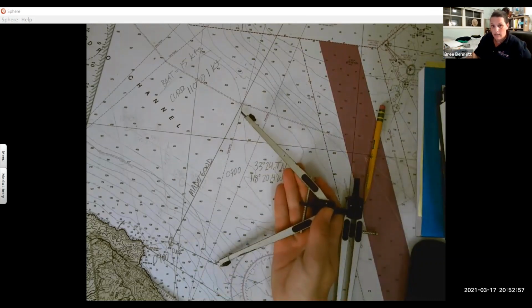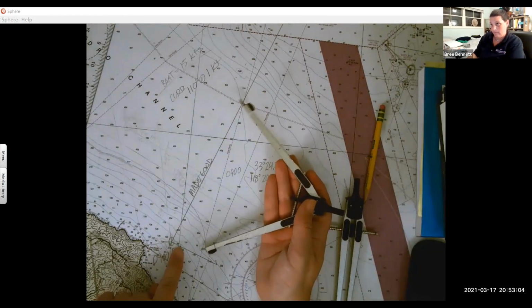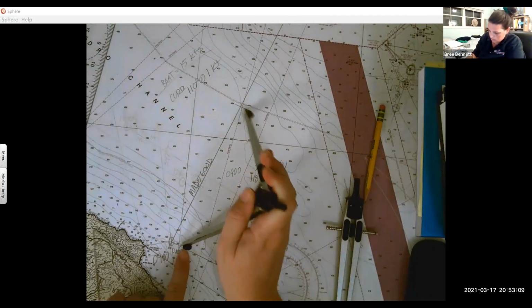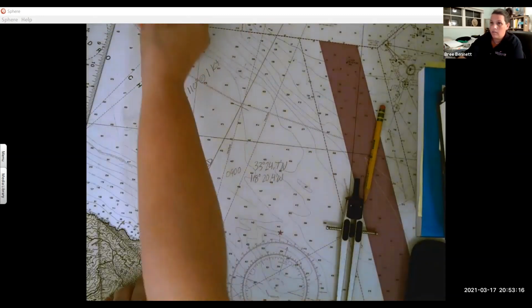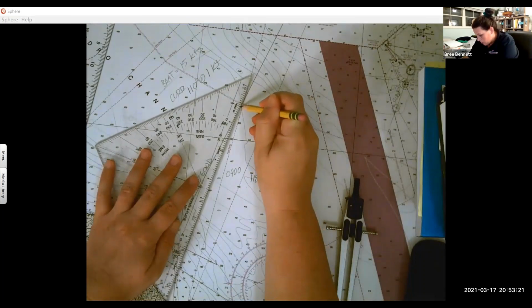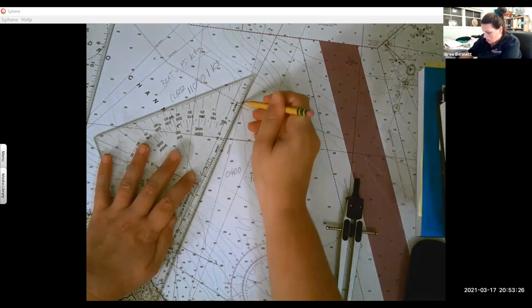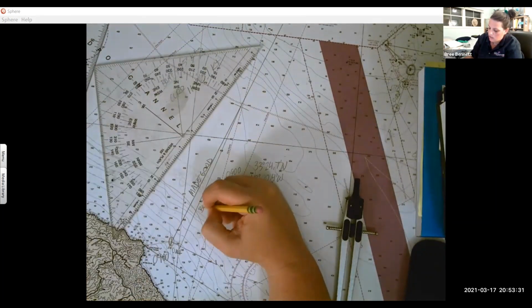So I have 7.5 on my dividers, and I'm going to start that at the end of my current line here. So now I can create a boat line.